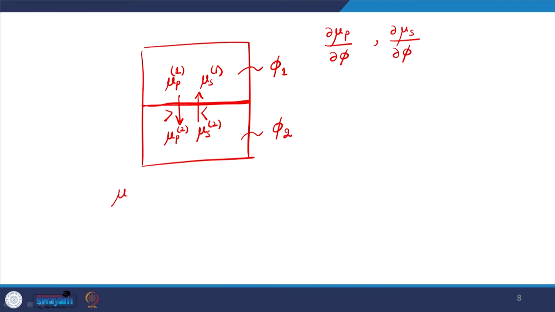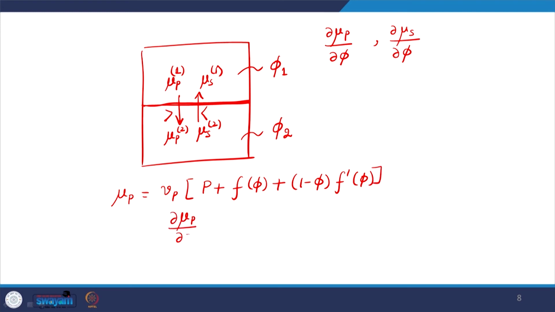I have found μp is Vp multiplied with (P + f(φ) + (1 − φ) f'(φ)), that gives me ∂μp/∂φ equal to Vp multiplied with (f'(φ) + (1 − φ) f''(φ) − f'(φ)).